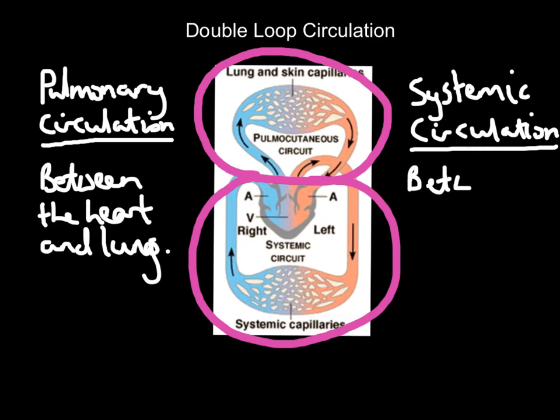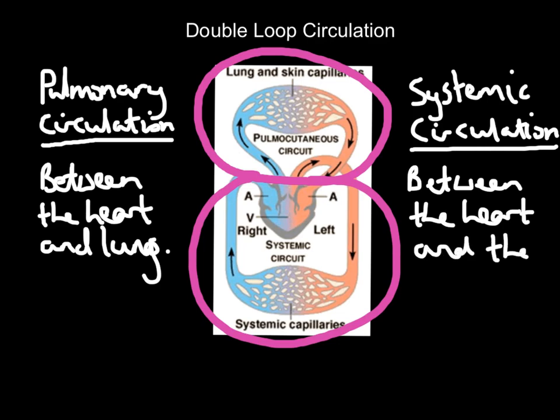It's circulation between the heart and systemic, basically meaning the rest of your system, and we'll say the rest of the body. All the other organs, all the muscles, everything else is involved in systemic circulation.